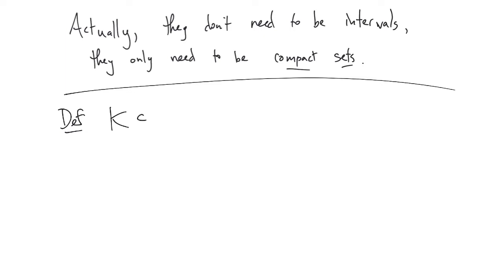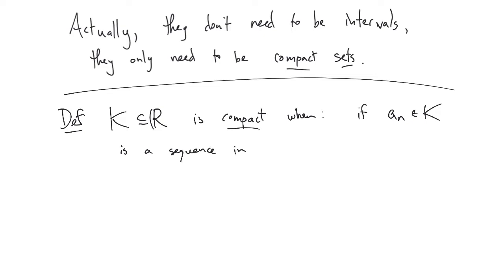In our book, they always use K to denote a compact set. So K, a subset of R, is compact. Compact in ordinary language has a connotation of something which is small, but a compact set doesn't have to be small at all. K is compact when, if a_n is a sequence of points in K, I'm going to say something about the convergence of this sequence.